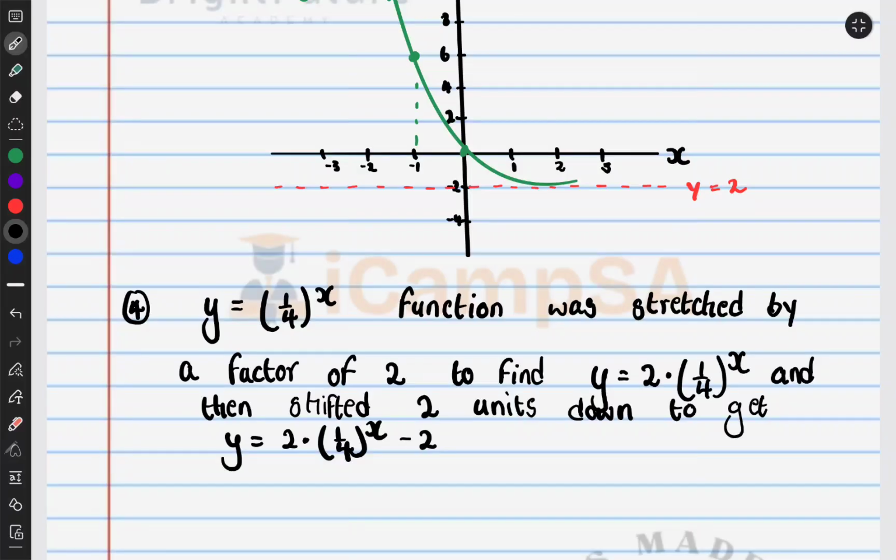So those are the two transformations that have been made to the function. It has been stretched by a factor of 2, and then it was also shifted down by 2 units.